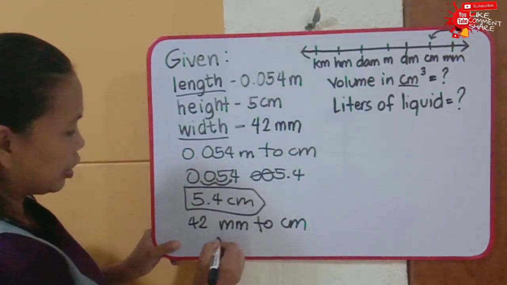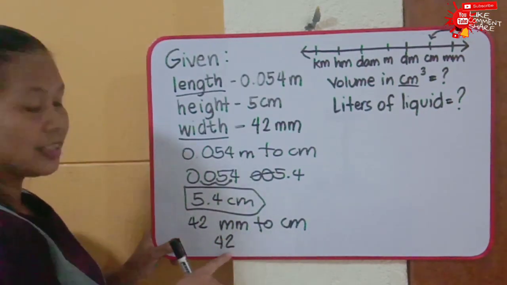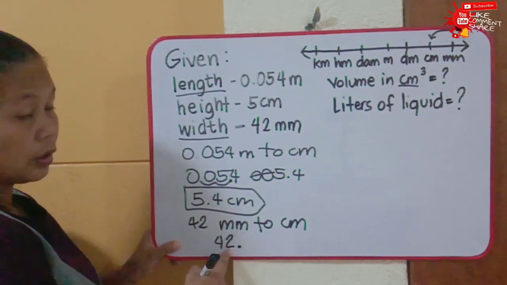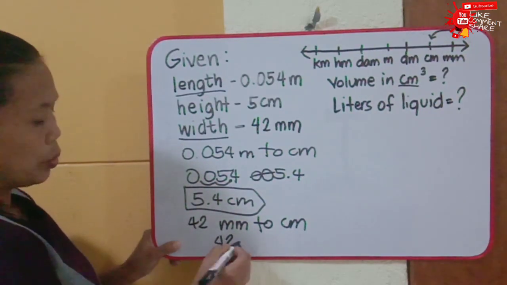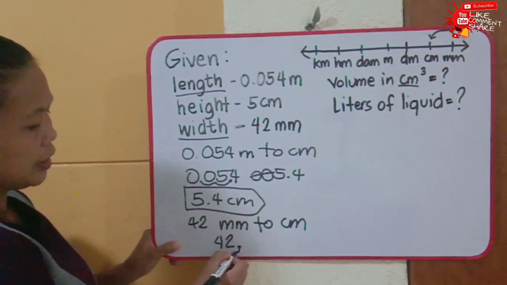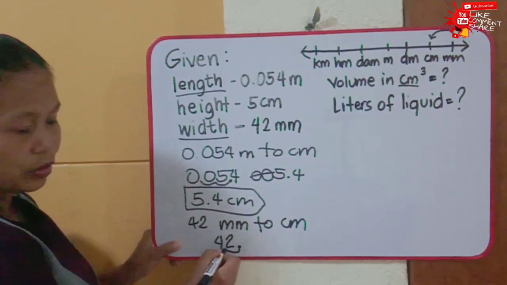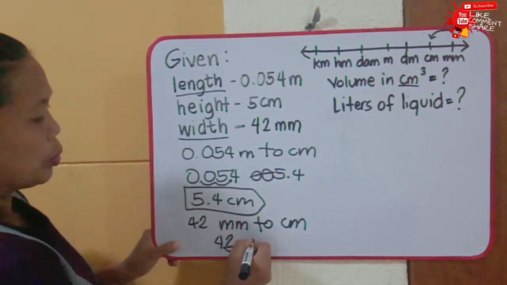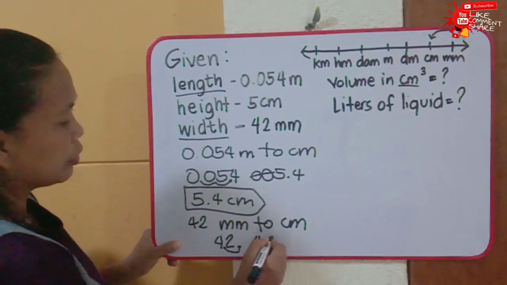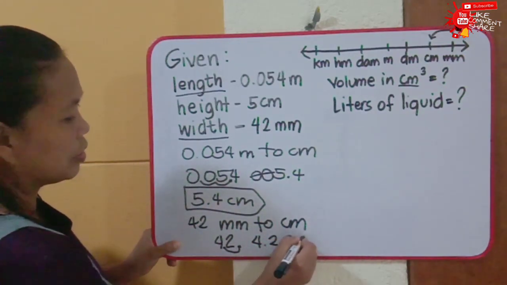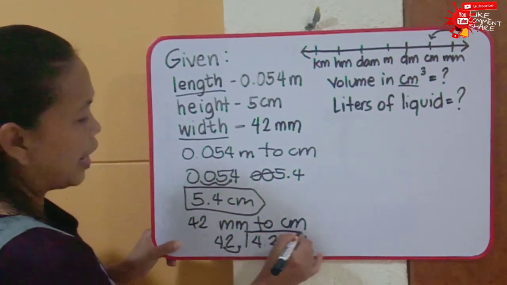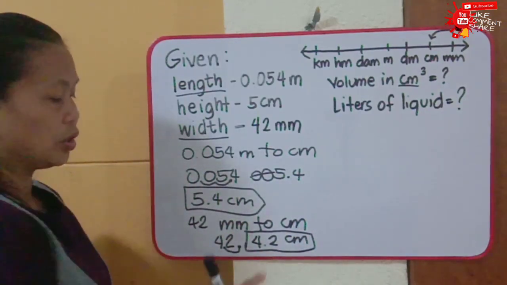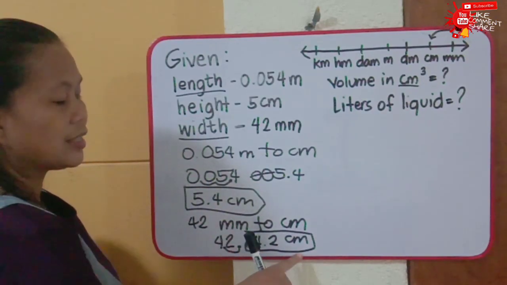Since 42 is a whole number, the location of the decimal point is after the digit 2. So we will move the decimal point 1 place to the left. This will be the new location of the decimal point. So we will now have 4.2 centimeters. This will be the new value of the width in centimeter.